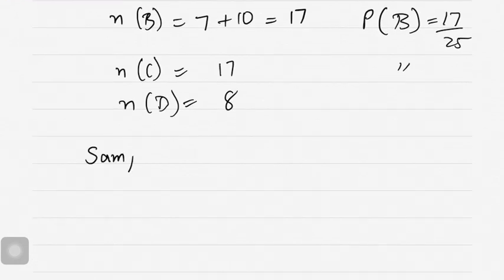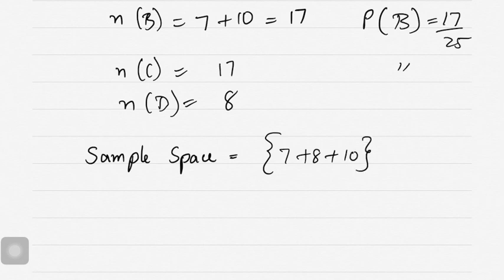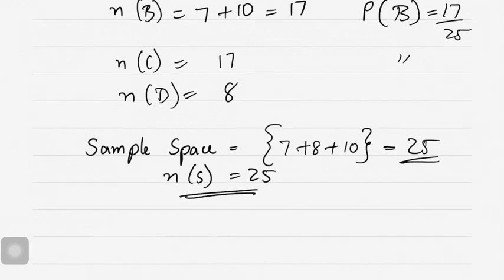Sample space is equal to 7 plus 8 plus 10 balls, which is 25. Sample space is 25.